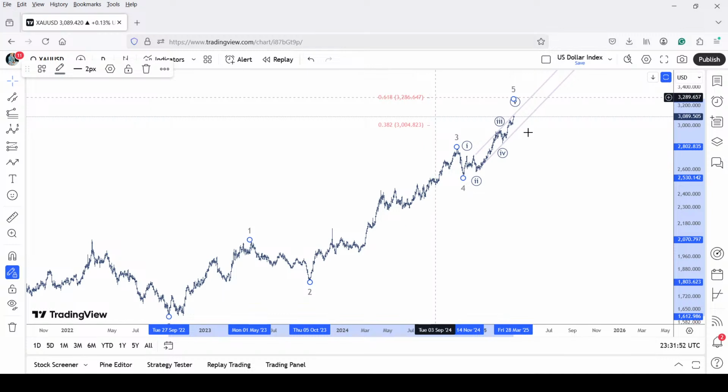But I don't know if it's going to extend towards that mark any time soon or after a pullback, because if we look into the subwaves, after wave 4 minor terminated, then the minute degree 5 waves 1, 2, 3, 4, 5 are almost looking complete, close to 3100, possibly.